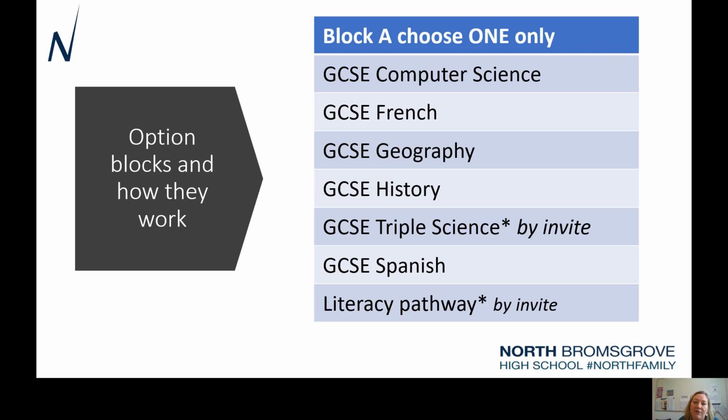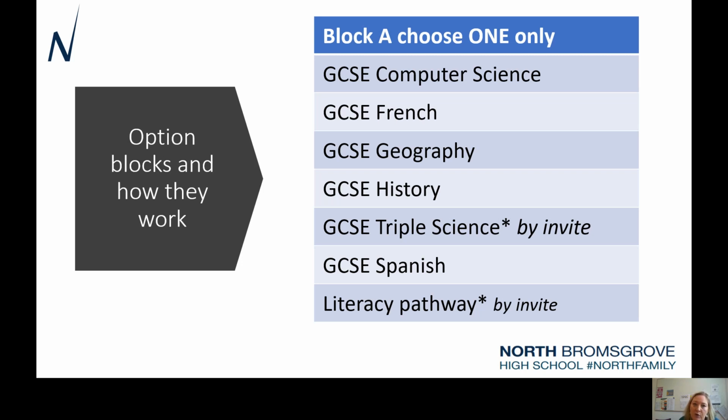And again, we then have a literacy pathway. So in the same way we've got this triple science pathway for our high prior attainers who want to do these very rigorous qualifications, we're also very conscious of children who may have very weak literacy skills and have spent the last 2 years in middle school trying to catch up a little bit, but are quite a long way off needing to be where they need to be within the time they've got of getting to that grade 4, that standard pass I talked about earlier.